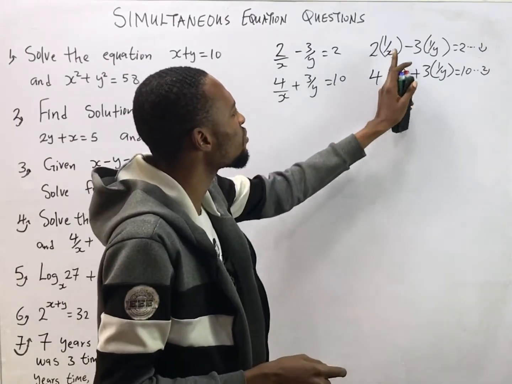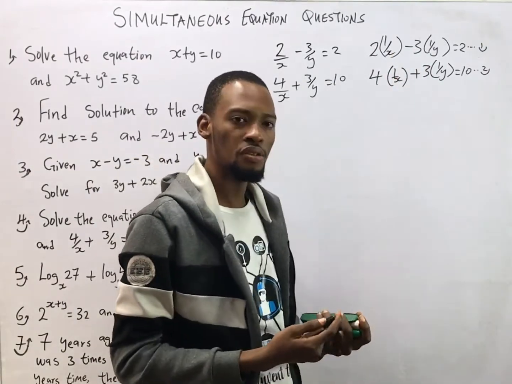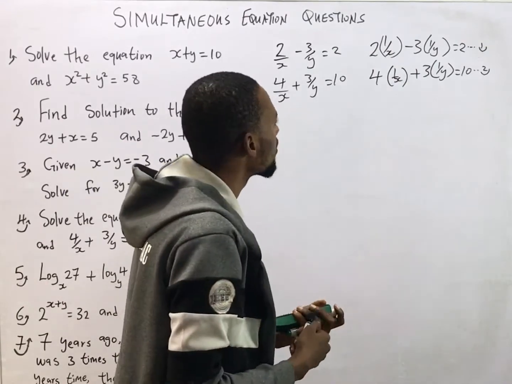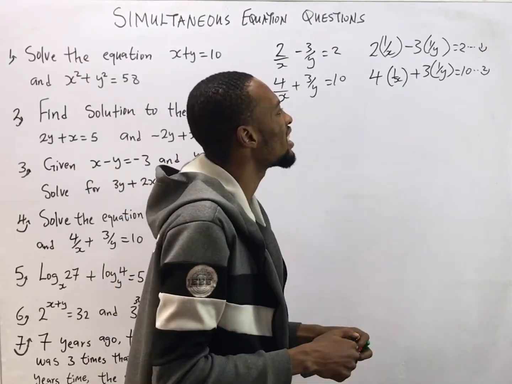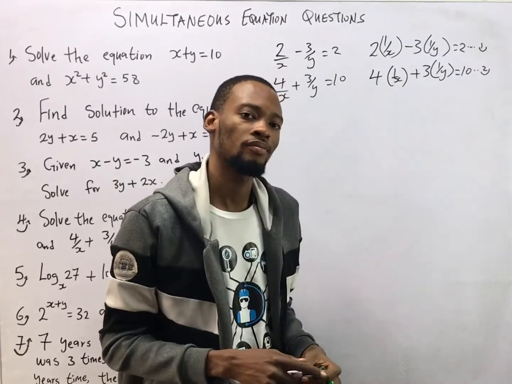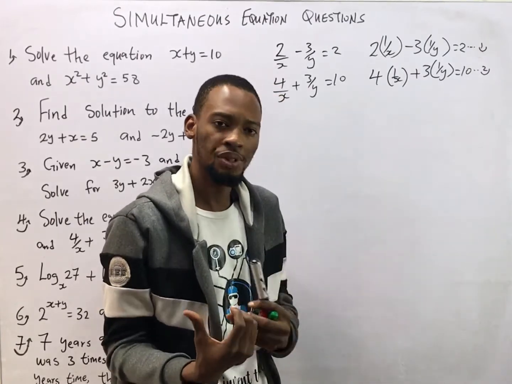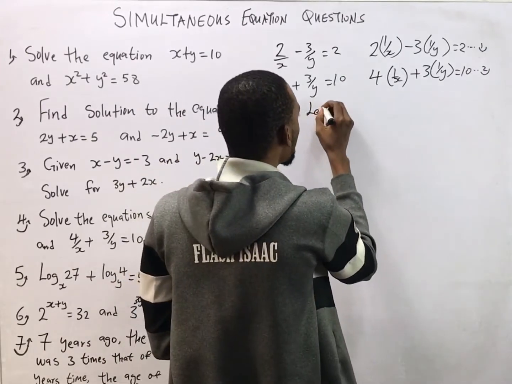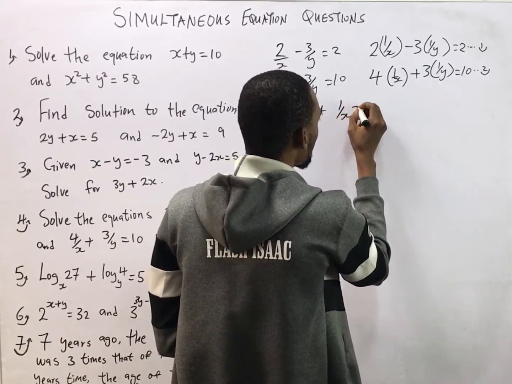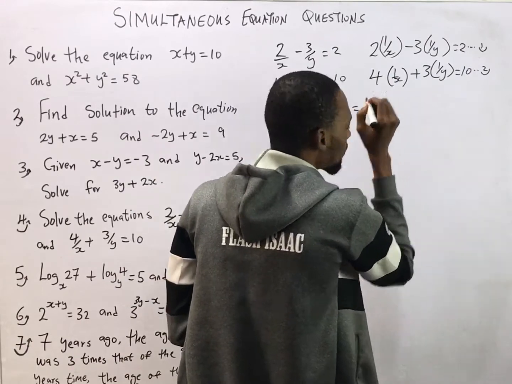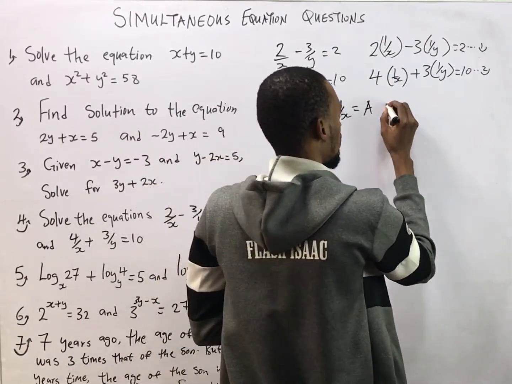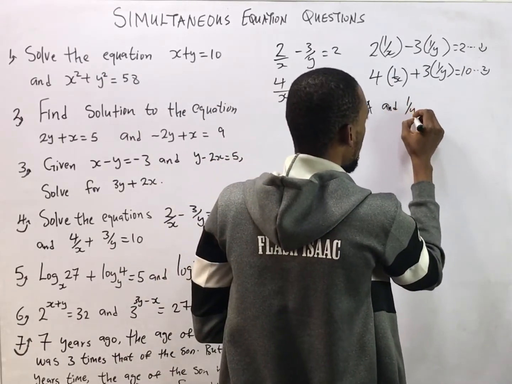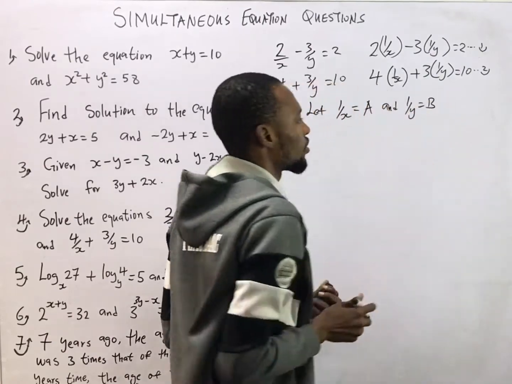Since solving with 1 over y or 1 over s is hard, or gives us values we don't want, we can substitute something. Let 1 over s equal a, and 1 over y equal b.